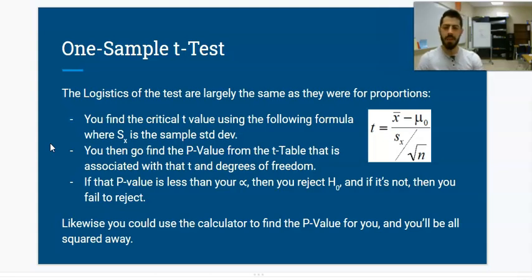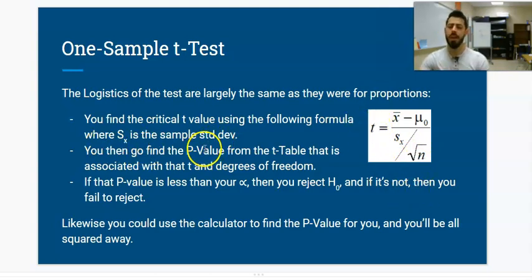First, you find the critical t value for your sample mean. So you take your sample mean minus your supposed population mean, divided by your sample's standard deviation over the square root of your sample size, and that gives you your t-score, if you will.